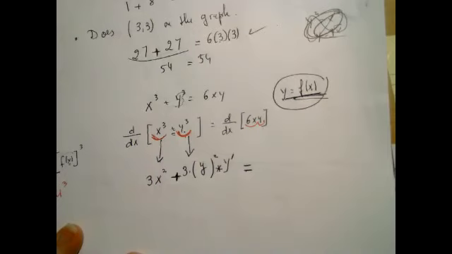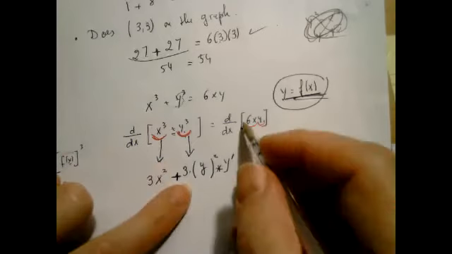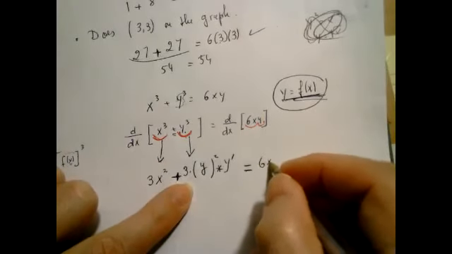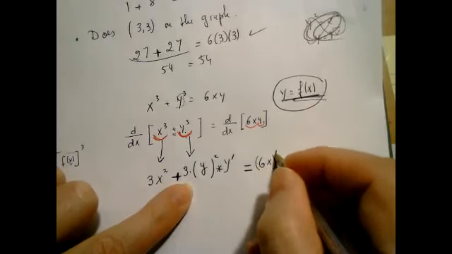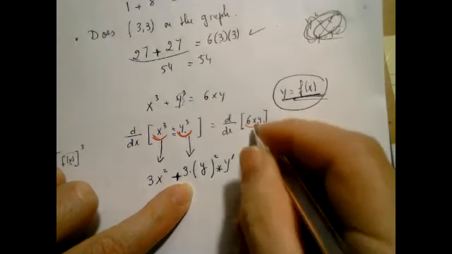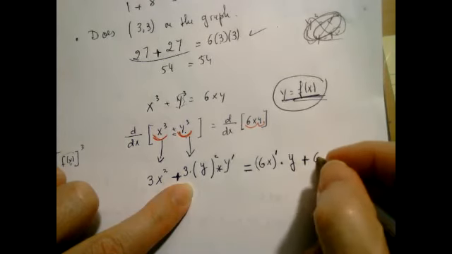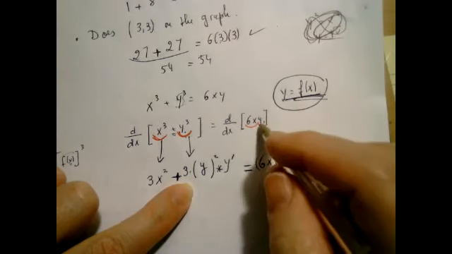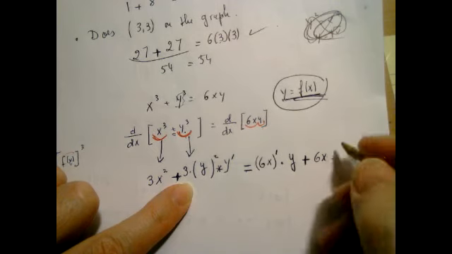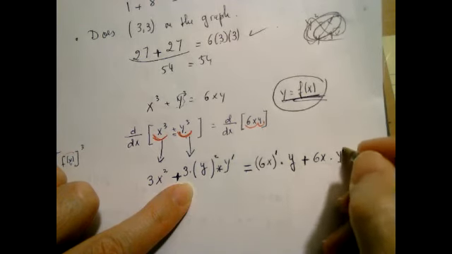Okay, very slowly. Now, how do we handle a product? So it's equal to what? So that's the derivative of 6x times y plus 6x times, there's only one y, times the derivative of y.